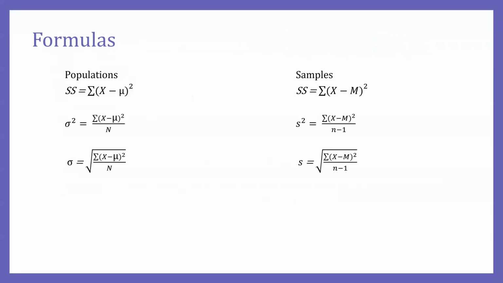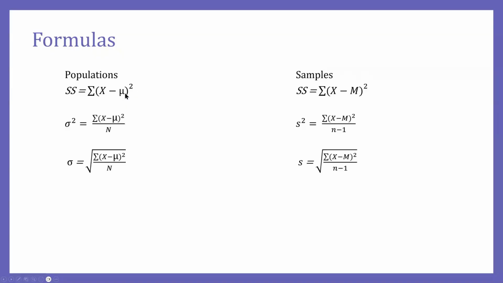Just as a quick summary, here are the formulas for populations and samples. As you can see, the first step, the sum of squares, is basically exactly the same. The only difference is the M versus the mu, but it's the same principle. You're taking the score minus the mean to get that sense of the deviation, square to get rid of the negatives, and then sum all those up.